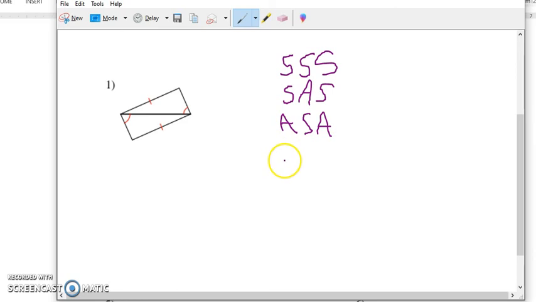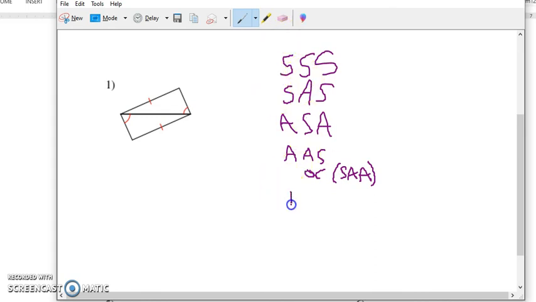And we also have angle, angle, side. And with these, the order doesn't really matter. So for this one, I'm going to say it could also be SAA. AAS and SAA are the same. Doesn't really matter where you start as long as you go in the correct order in reverse. So these are our options.